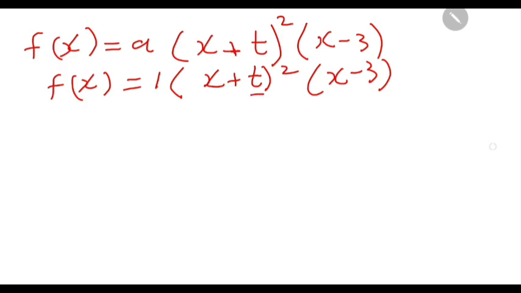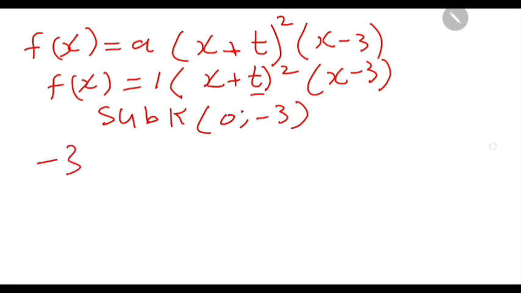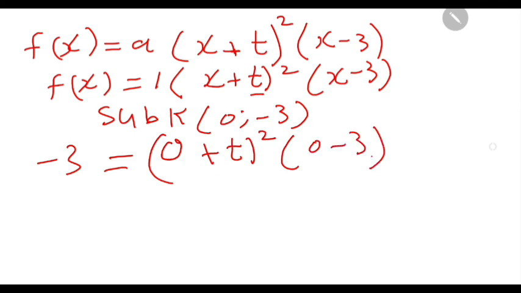So k, we're going to sub k, x value 0, y value negative 3 into this f of x. So negative 3 is equal to 0 plus t square multiplied by 0 negative 3.